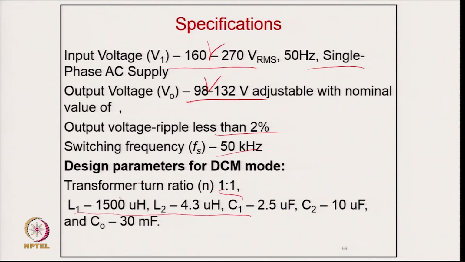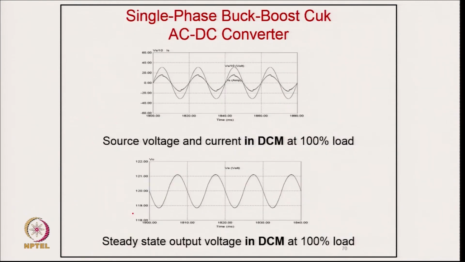You can see input inductor 1.5 millihenry, output 4.3 microhenry, so that we are designing for DCM, and capacitors on both sides 2.5 microfarad and 10 microfarad, and the output capacitor is 30 millifarad for the 2% voltage ripple.